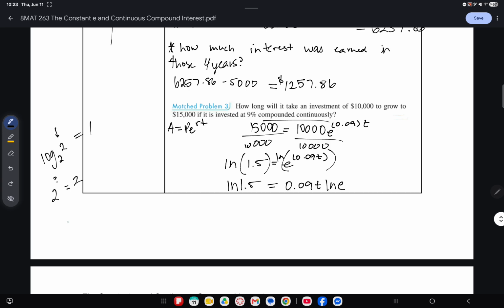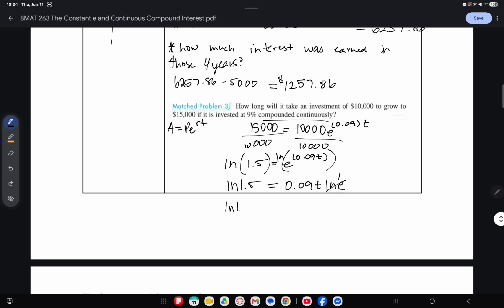So in this case, natural log, the base is e, so e raised to what power gives out e, and that's going to be 1. So natural log and e, it's almost like they cancel out. They really reduce down to 1.